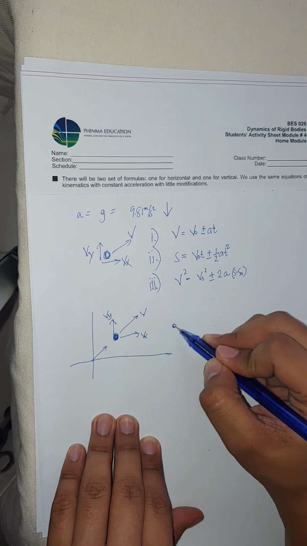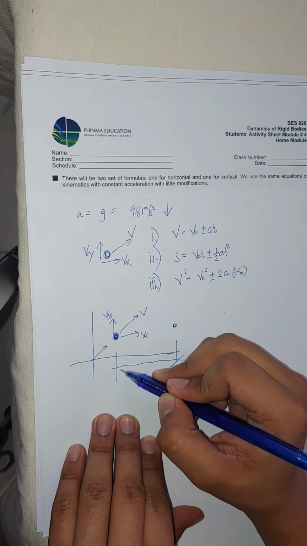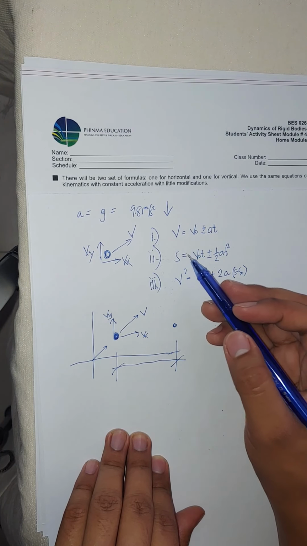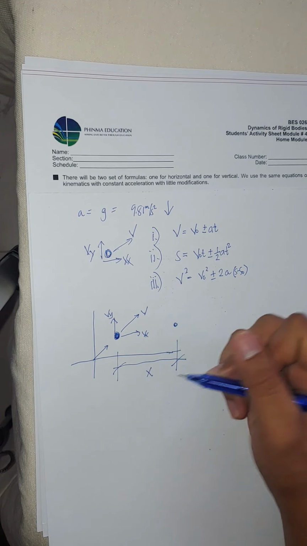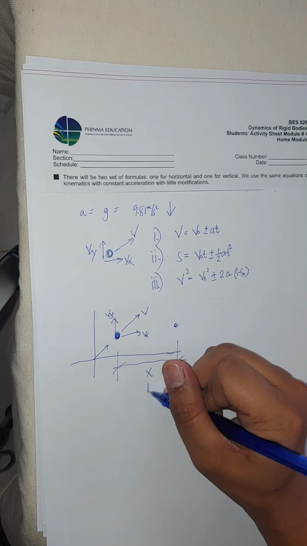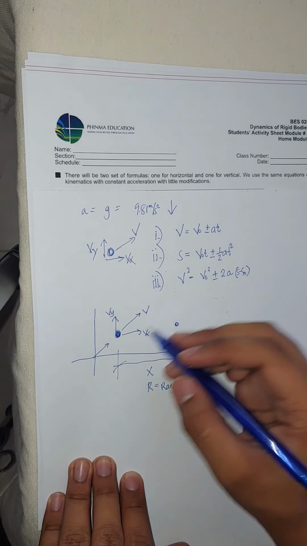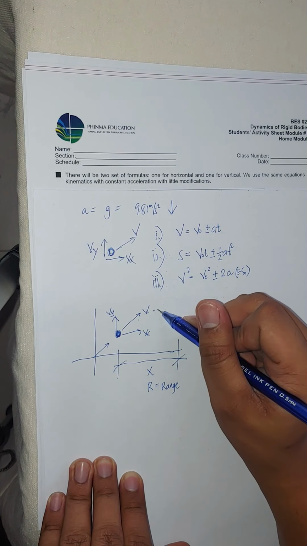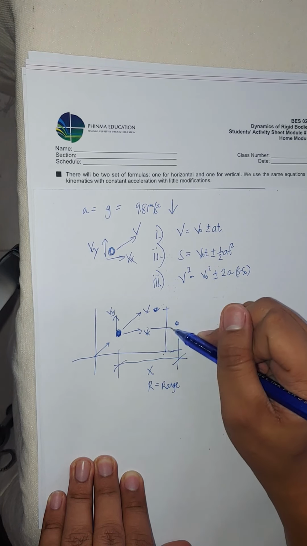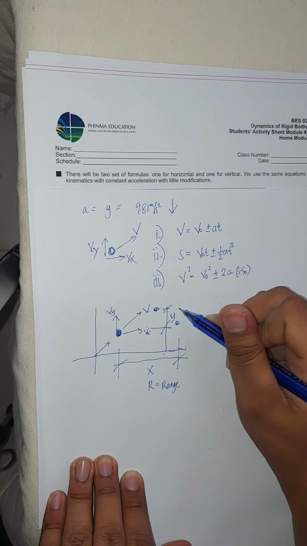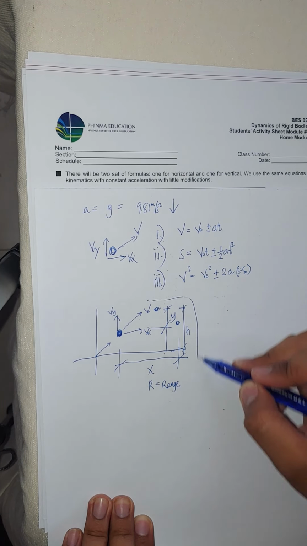So from this point to this point, the representation we use is, instead of s, we use x, or at other times we use r. We call that the range. And then for y, let's say it travels upward, so we can say this is y, or we say this is the height h, and something like that.